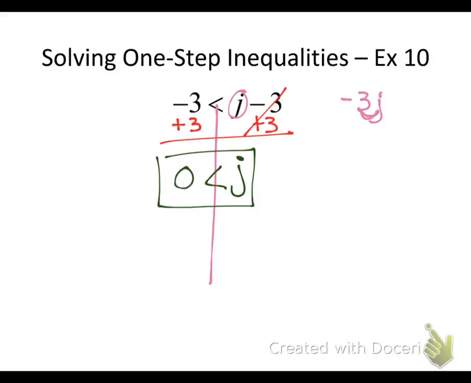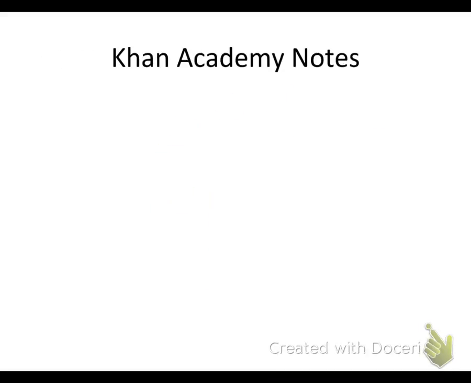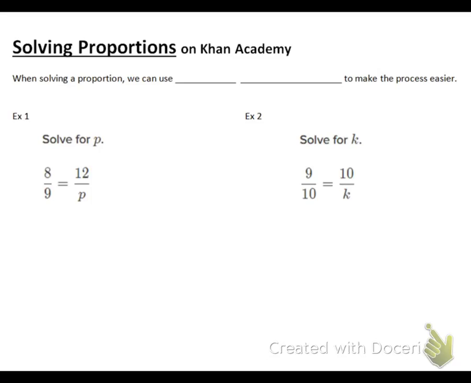Okay, so now we're going to go ahead and get into some Khan Academy notes. Just a reminder, your Khan Academy notes are going to be the green sheets. A recommended topic that we added for you guys was solving proportions. You guys have seen proportions before.